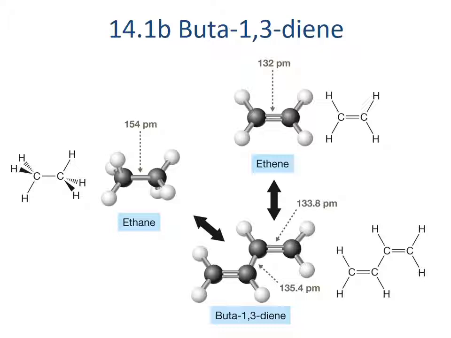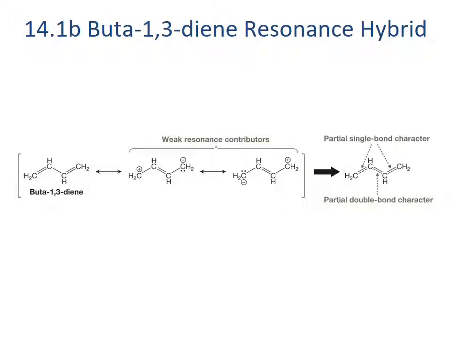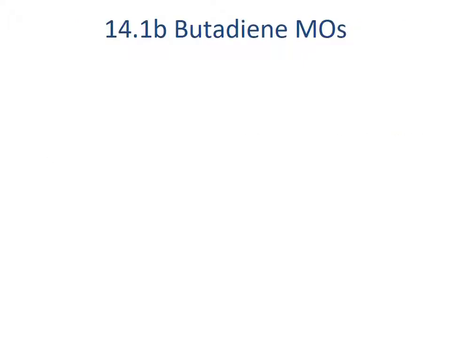A single bond in ethane has a much longer bond, while the butadiene "single bond" is actually much more similar in length to a double bond. We can see this a little when we think of the weak resonance contributors that have a double bonding character in the center. But these seem unstable, and we'd underestimate the contribution of these contributors without molecular orbitals.